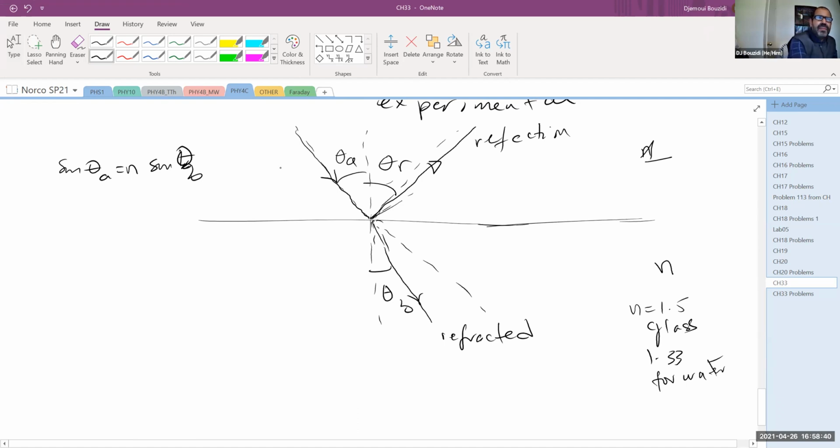To continue with this point, the light that is coming in can be polarized because it's traveling in this direction. I was mentioning from chapter 32 that you can have polarization. Light can be polarized in any direction other than the direction of travel. The electric field can be in any of these directions, represented by these arrows.